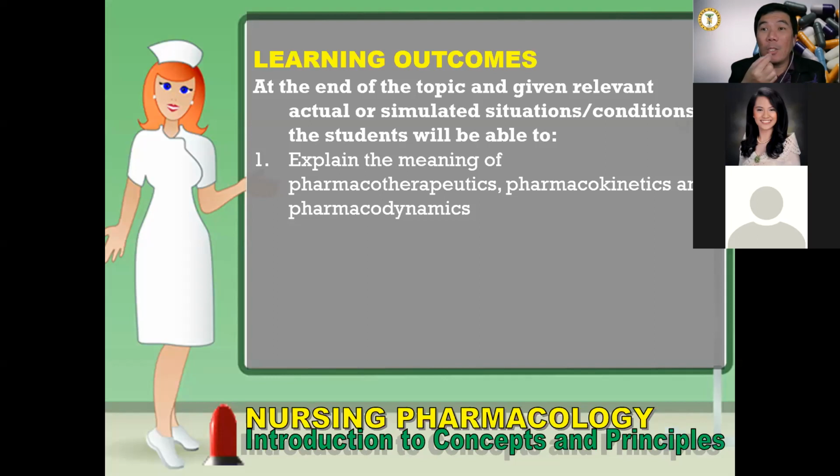For example, if it is oral, it is taken by mouth. From the time that the drug is taken by mouth and proceeds to the different parts of the body, its movement, before it reaches the plasma, which is the basic component of the blood, is the study referred to as pharmacokinetics. Under pharmacokinetics, we have what we call ADME.